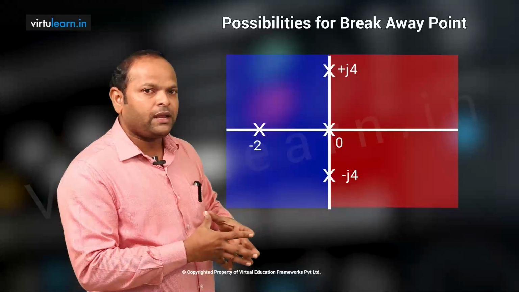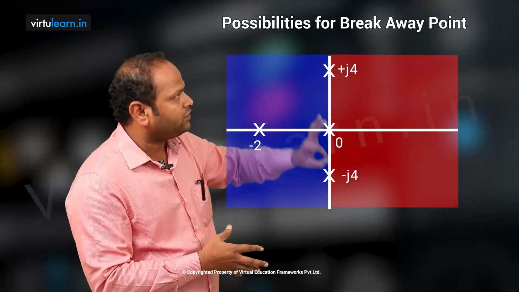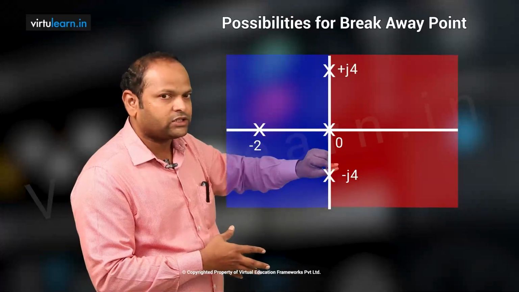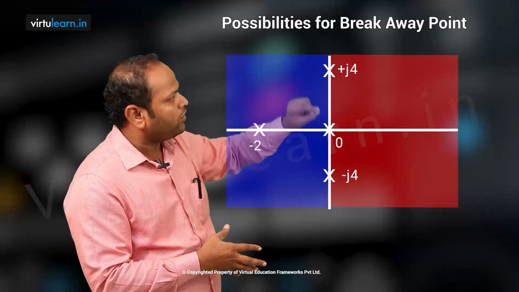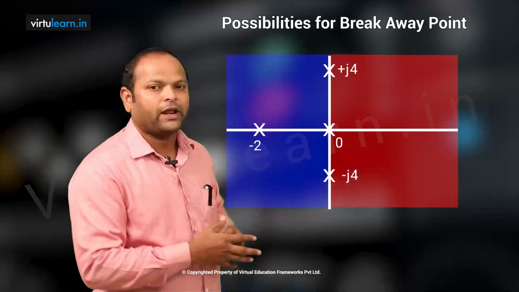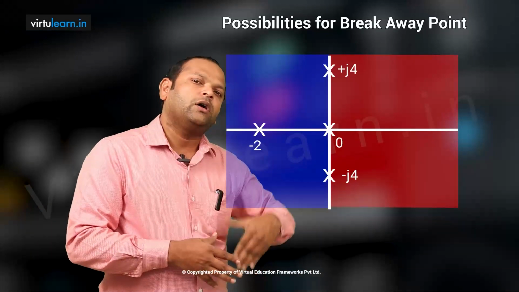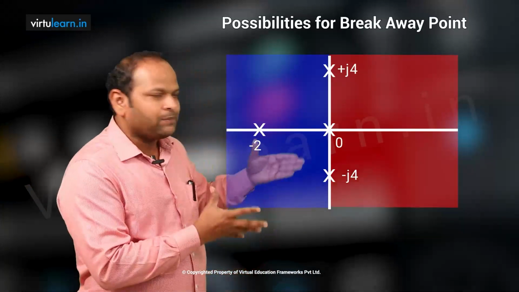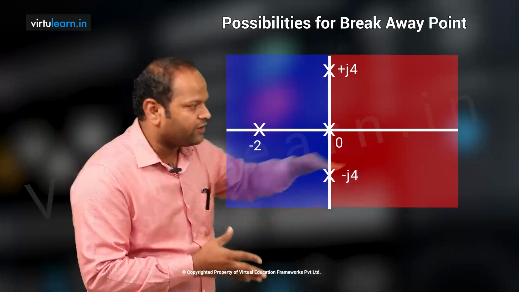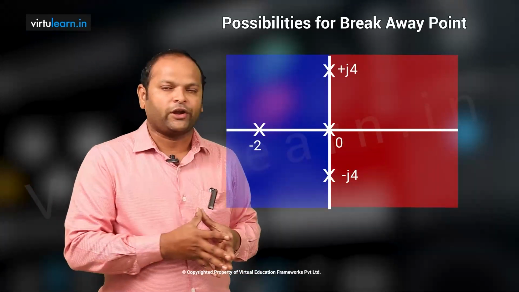There can be a complex pole here, that means from minus 2 to the complex pole, in between you can have one breakpoint, and here also I have another breakpoint. So complex breakpoints are also possible for complex systems, but for simple systems you will always have the breakpoint on the real axis.